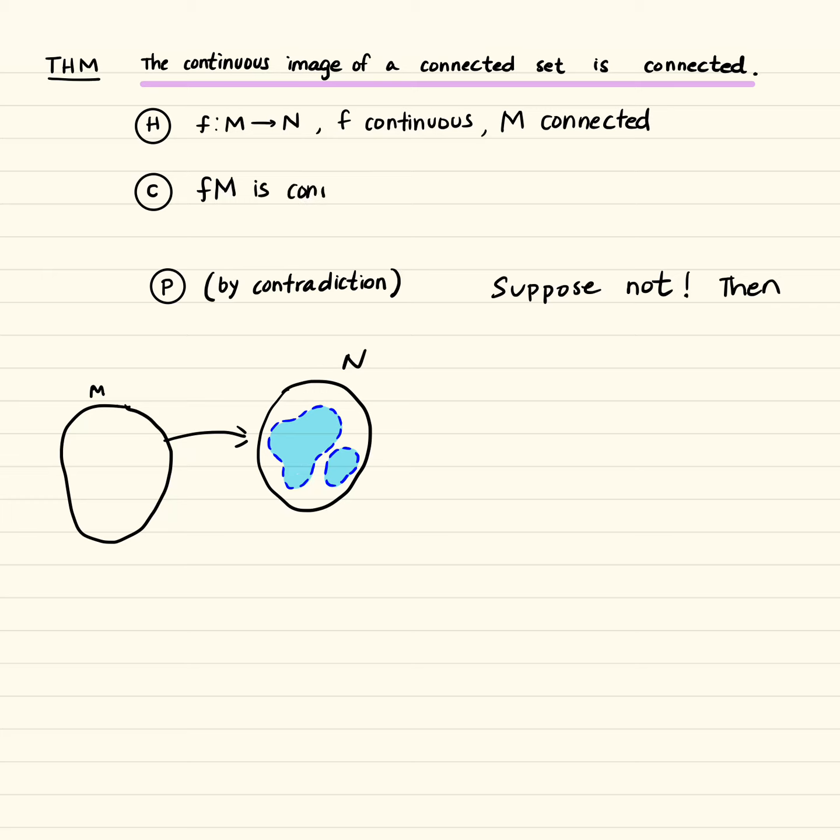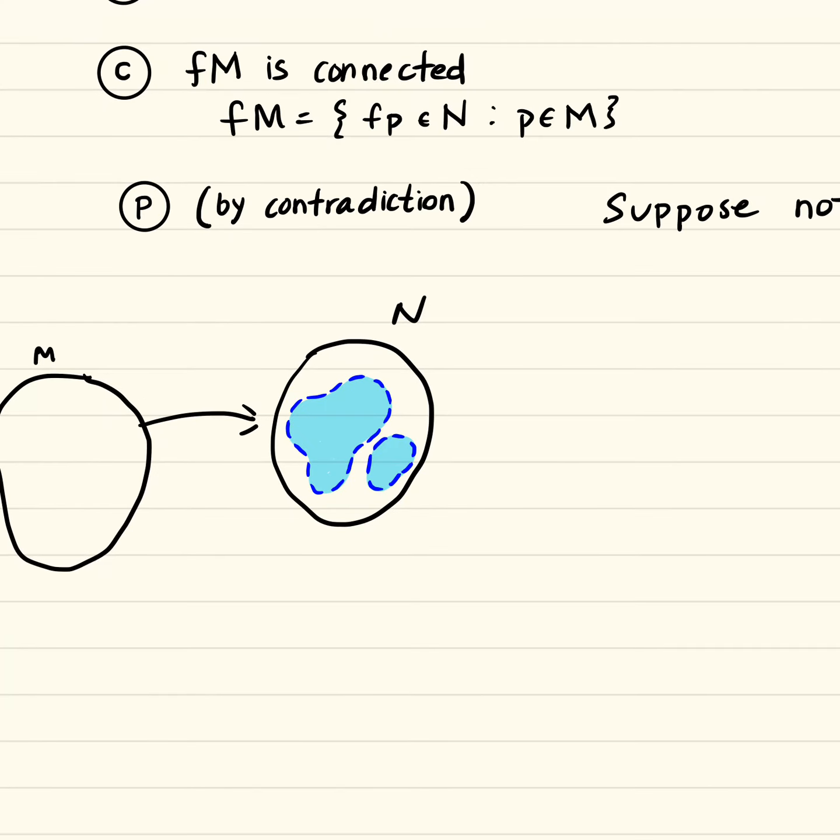Now, do we remember what f of m is? f of m is the set of f of p belonging to n such that p belongs to m. Okay, so now how are we going to prove that f of m is connected? Let's suppose not. Now here's the setup.